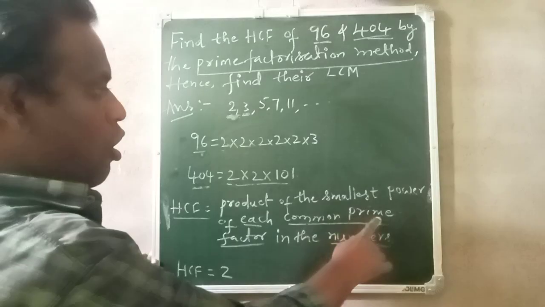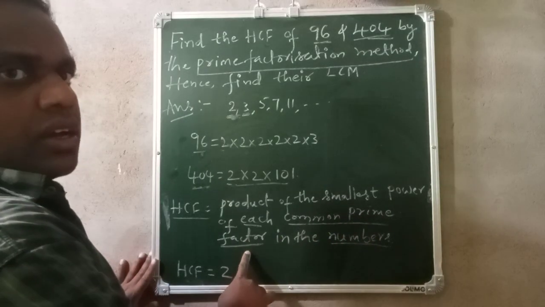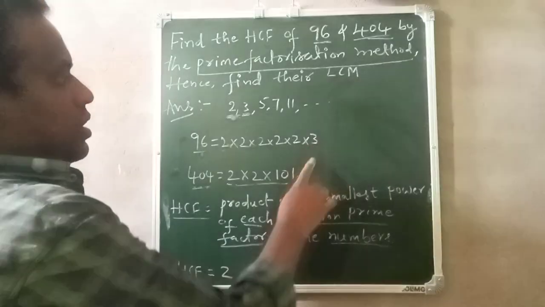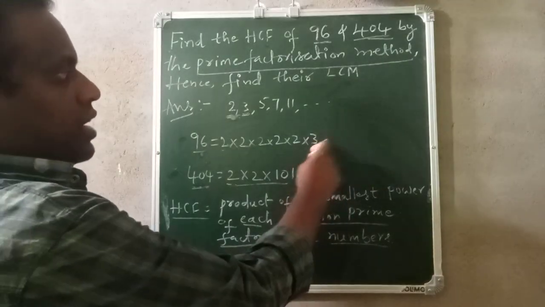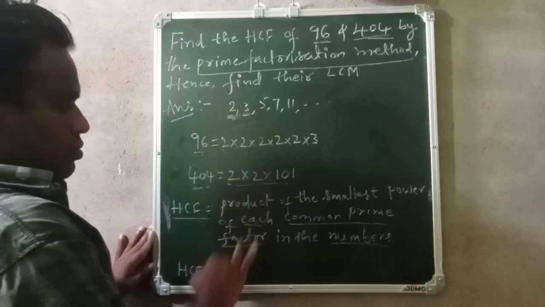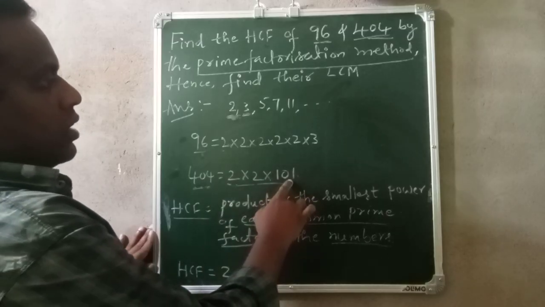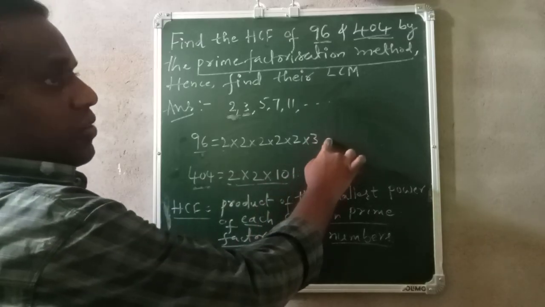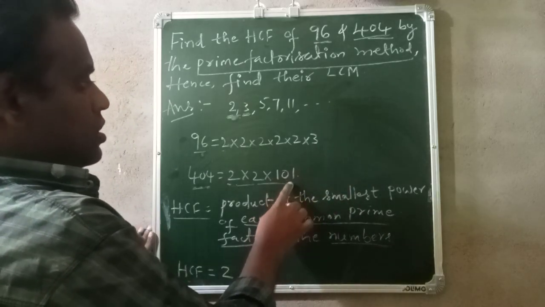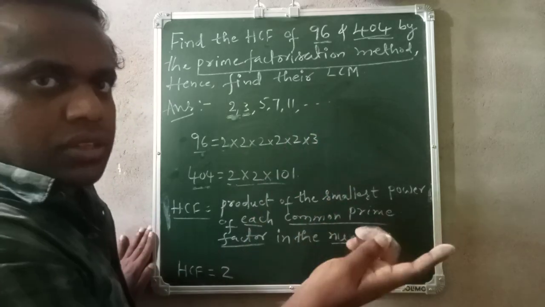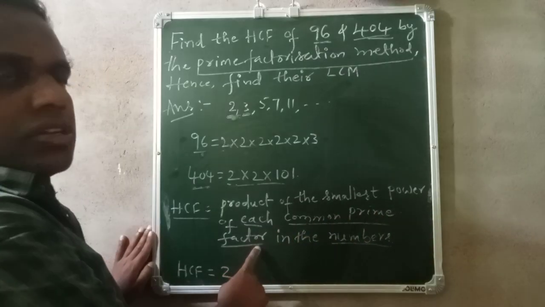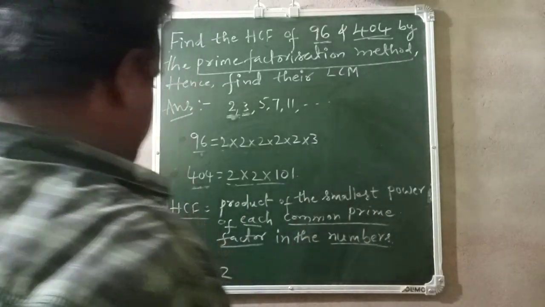We have to take only common prime factors. Common means that number should be present here also. But 3 is here only, not there. So don't take 3. Next 101. 101 is here only, but here no 101. So 101 is not common here and here. 101 is present here only. So we have to take a common prime factor. So don't take this.